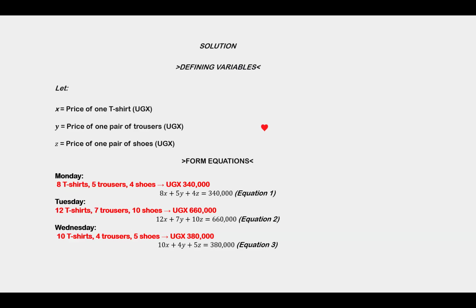Then 12 t-shirts, 7 trousers, and 10 pairs of shoes, all equaling 660,000 Uganda shillings. And then 10 t-shirts, 4 trousers, 5 pairs of shoes, all equaling 380,000 Uganda shillings.